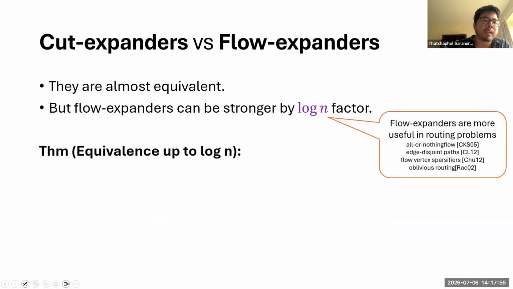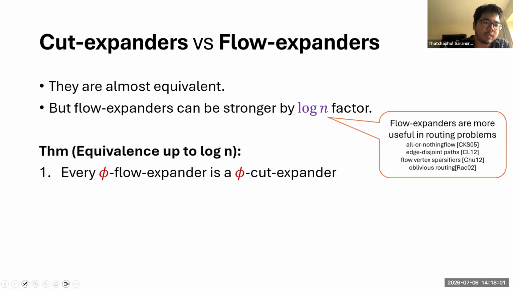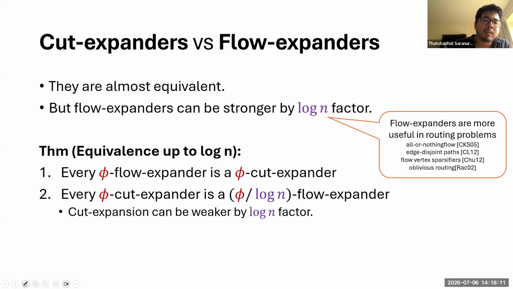What do I mean by almost equivalent? If you have any phi flow expander, it is also a phi cut expander with the same parameter phi. But if you have any cut expander, it is also a flow expander, but the expansion parameter may get worse by a log n factor. So cut expansion can be weaker by a log n factor. What we want is flow expanders, and flow expander decomposition is a bit stronger.